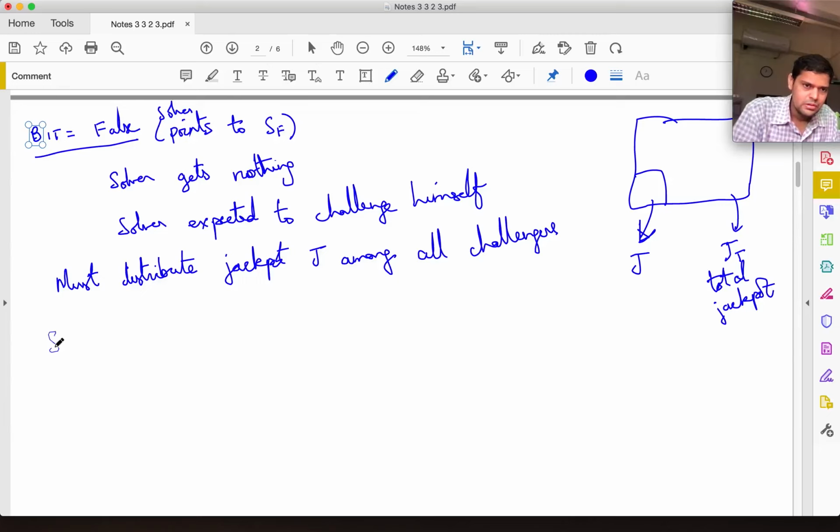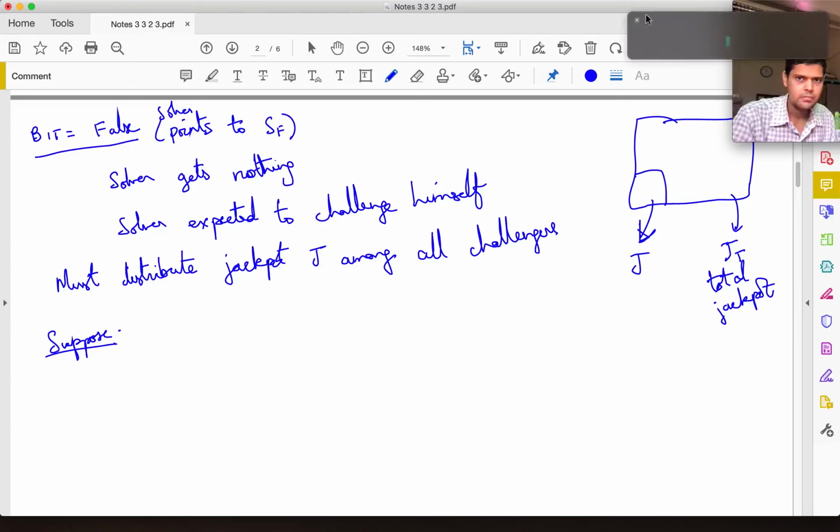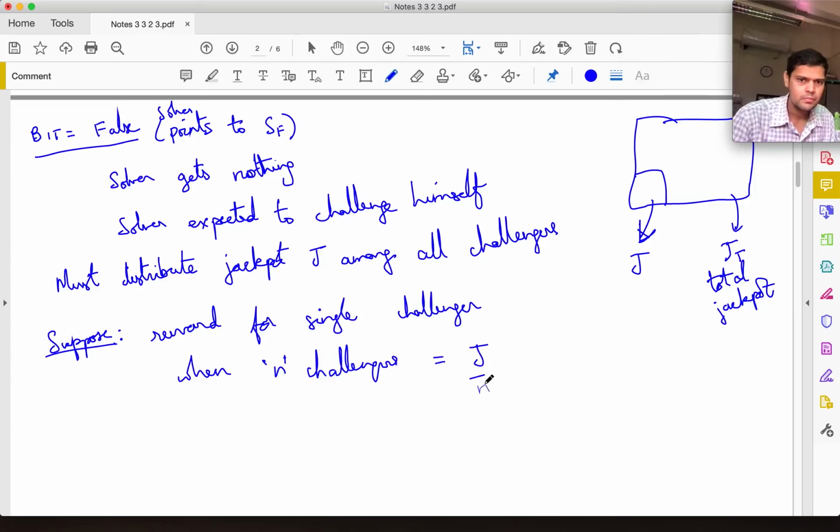So suppose the reward for a single challenger when there are n total challengers is J divided by n. Here there's a problem.